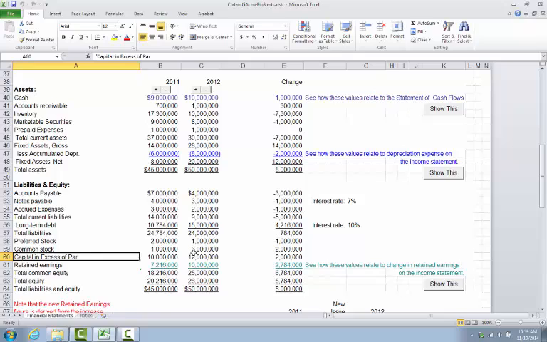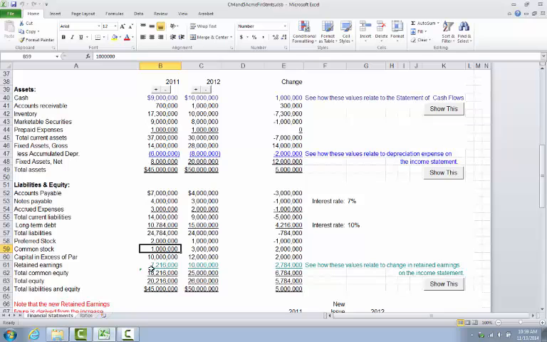So what happens is when a company sells stock, it has a certain par value or stated value, and the par value times the number of shares sold to the public gives you the common stock number, and then the amount by which the market price exceeds that par value times the number of shares that were issued is your capital in excess of par number.